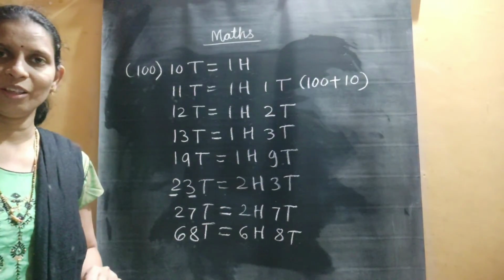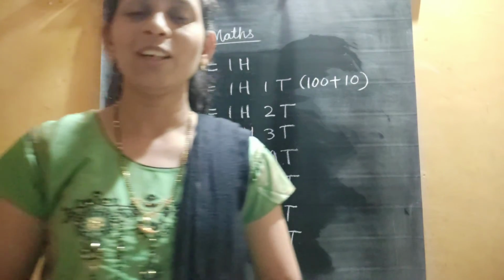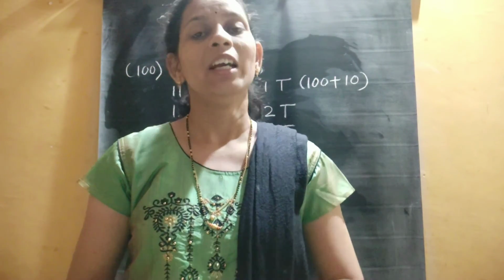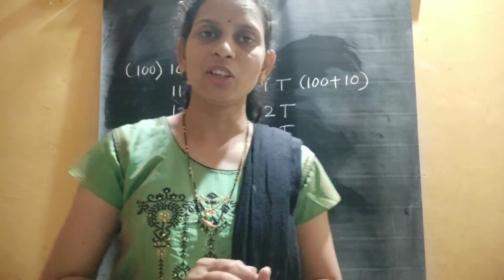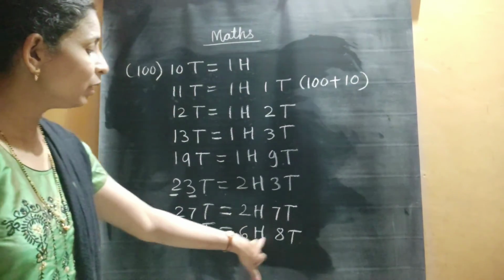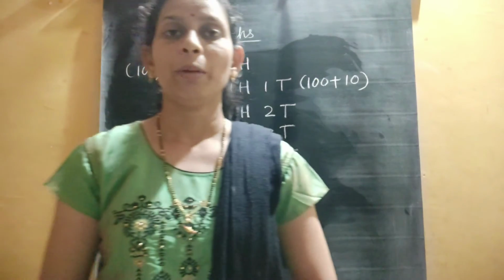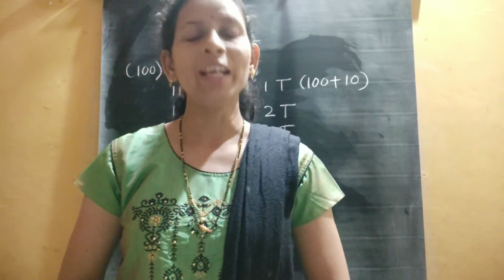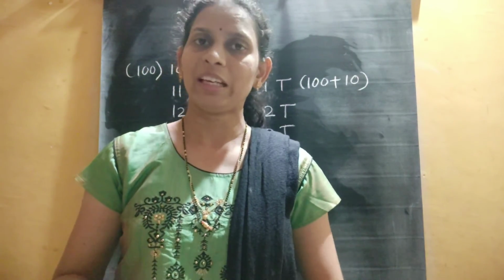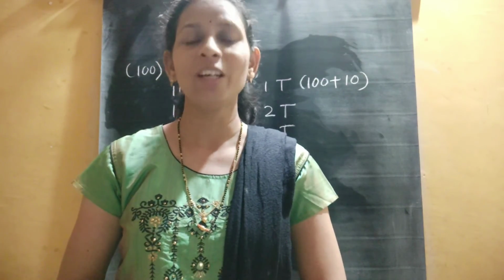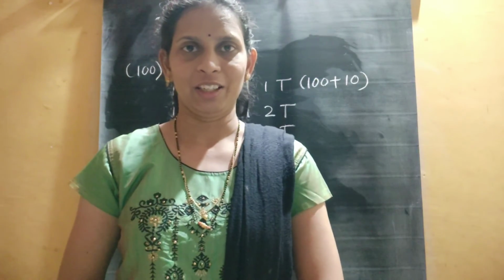So students, can you take any number from 10 to 99 and write it in this hundreds and tens form? Because if you know this properly, you can do addition very easily. Just practice it.